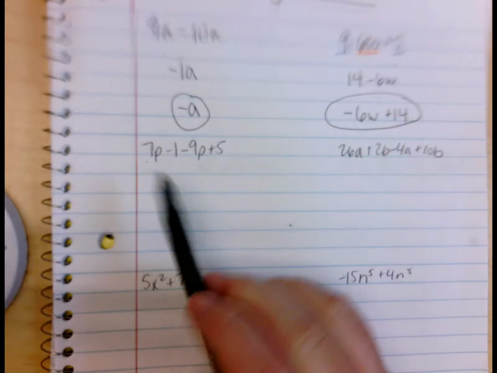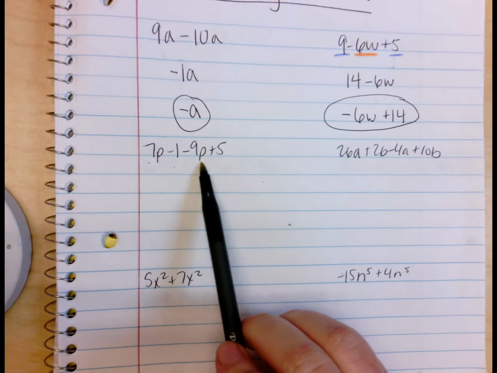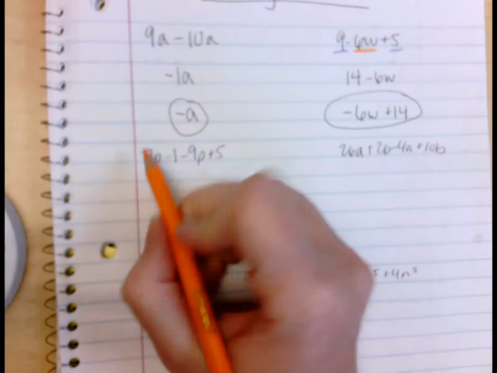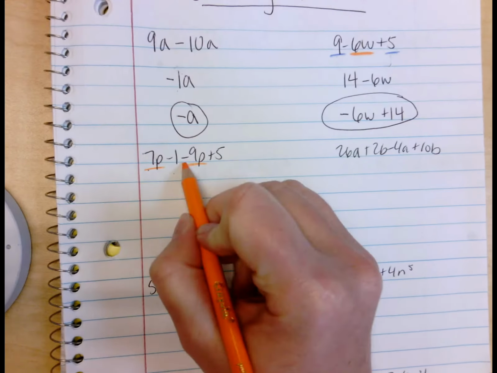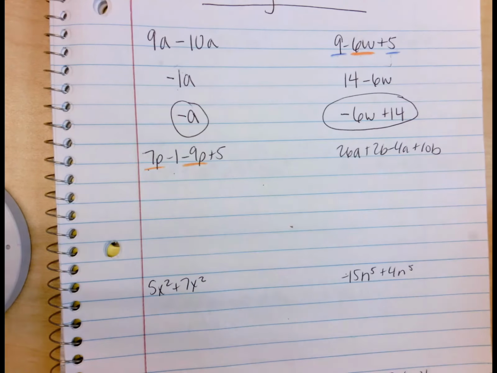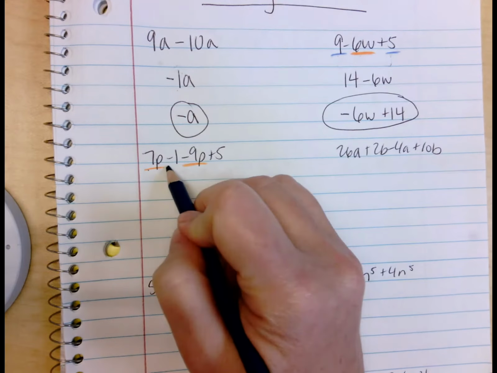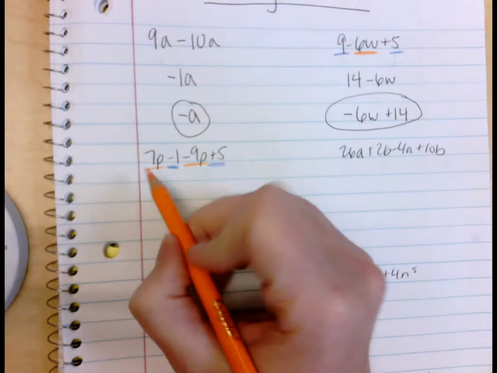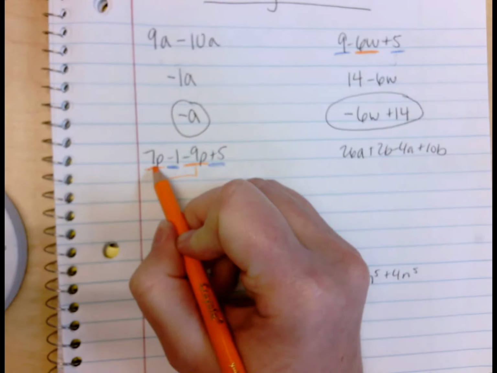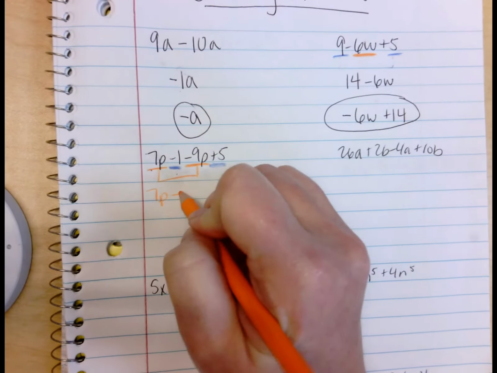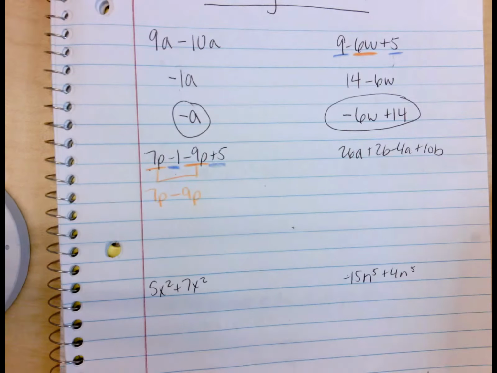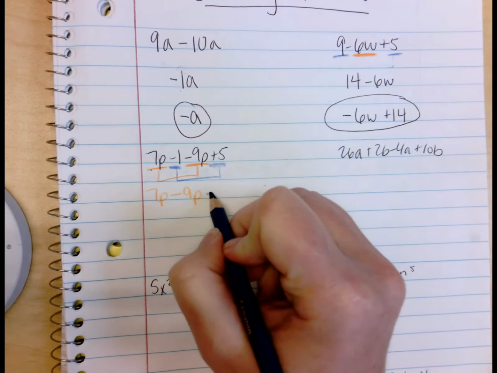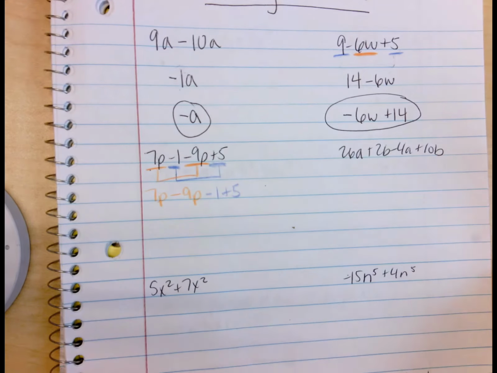Alright, next example. We have 7p minus 1 minus 9p plus 5. So again, I have variable terms: a 7p and a -9p. And then constant terms: a -1 and a +5. So I'm going to combine my variable terms, that is 7p minus 9p, and then I'm going to combine these constants, -1 plus 5.